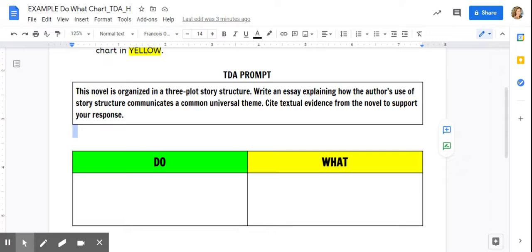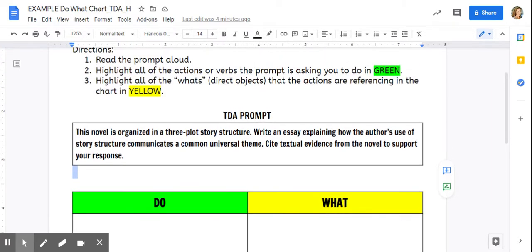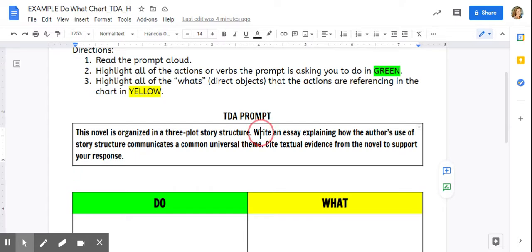Second sentence, write an essay explaining how the author's use of story structure communicates a common universal theme. All right, so first thing we're supposed to do, according to the directions, is highlight all of the actions or verbs that are asking you to do something in green. So write is a verb. That's definitely an action.